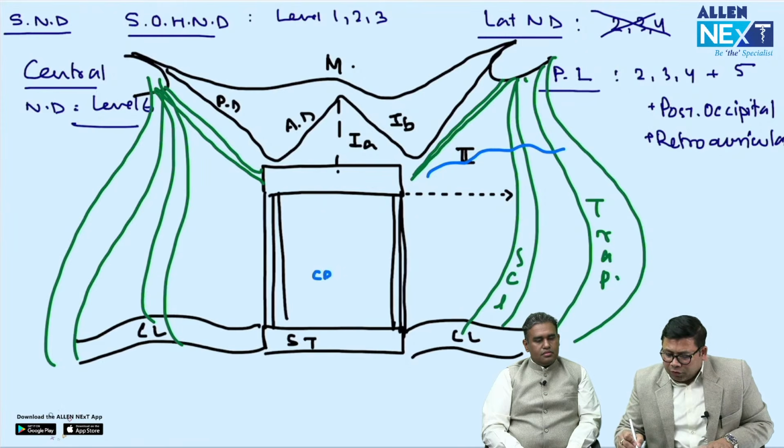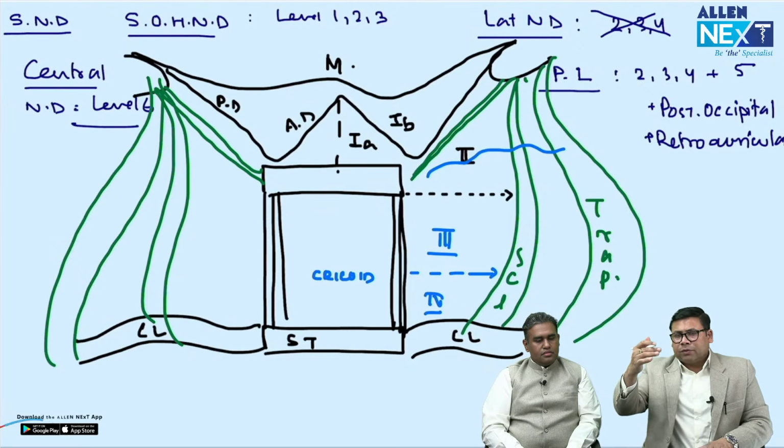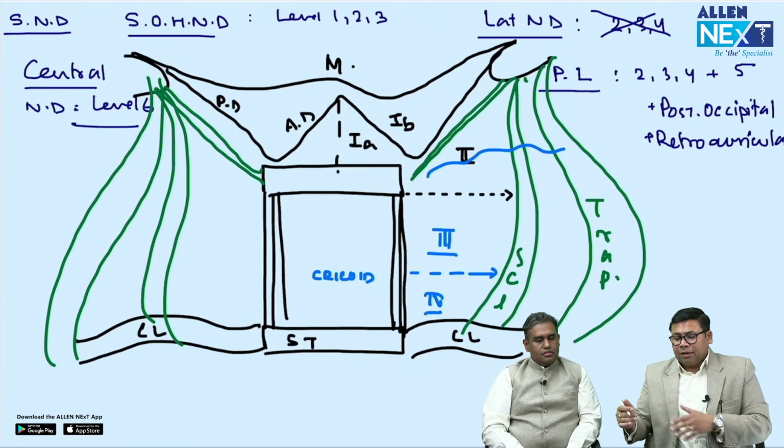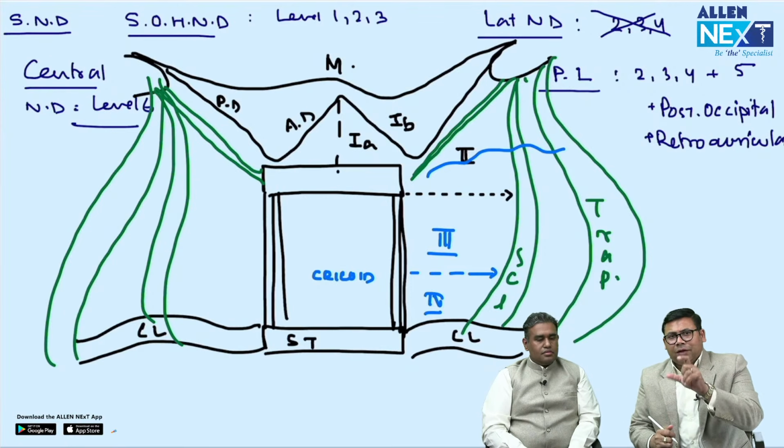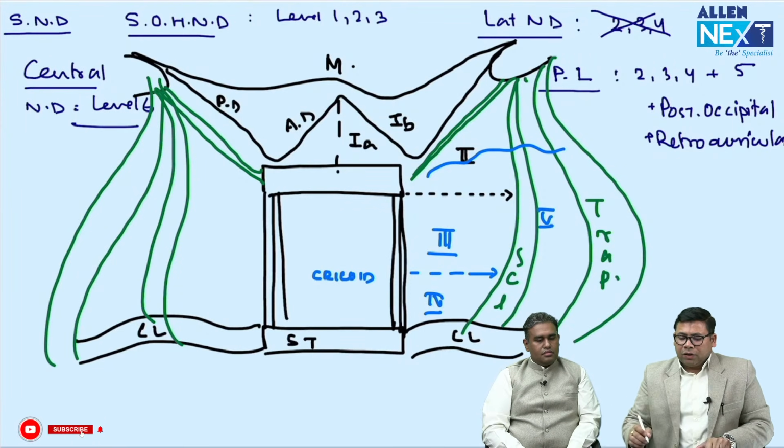Then from the level of the cricoid up to the sternocleidomastoid, this is known as mid-jugular, or level 3. Below is the clavicle, and in between them you have level 4, and this is level 5, and this is level 6.